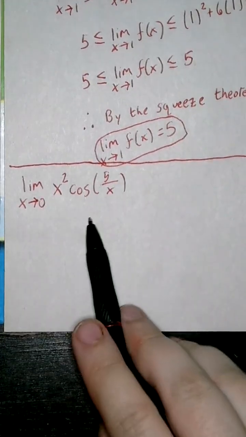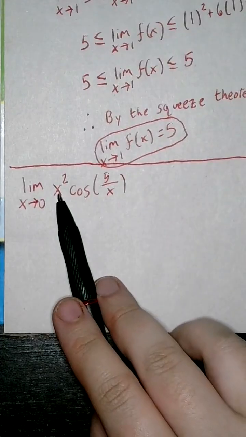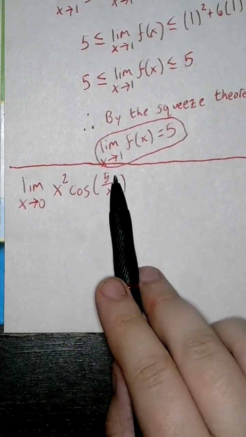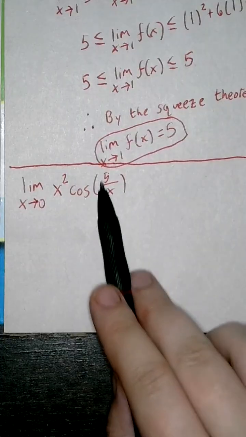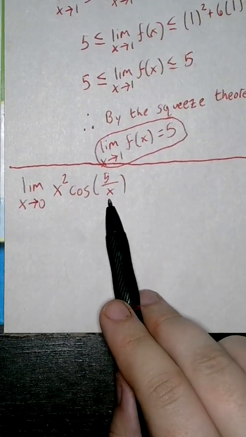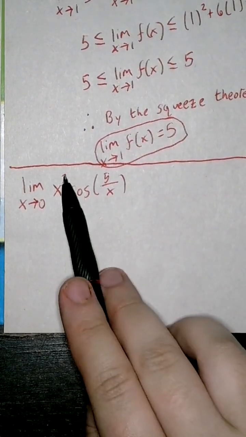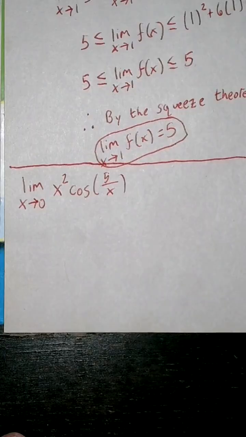If I plug in 0 here, what do I get? I get 0 squared is 0 times cosine of 5 over 0. All of a sudden, this is automatically undefined because I'm dividing by 0. So that makes this whole thing undefined.